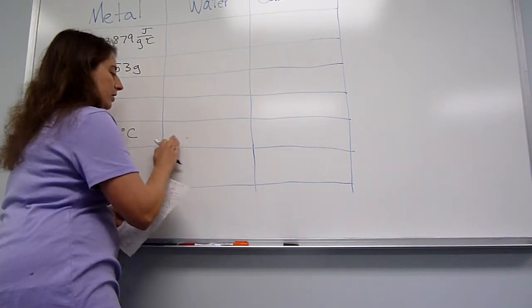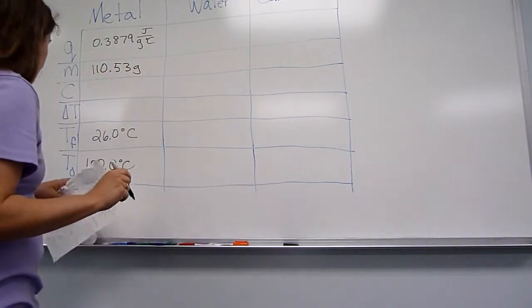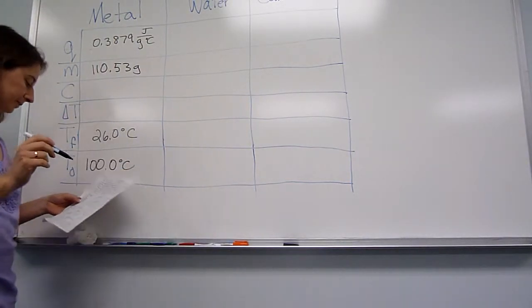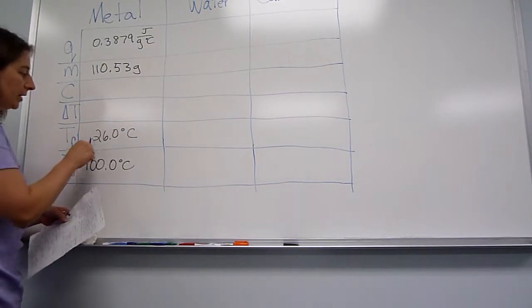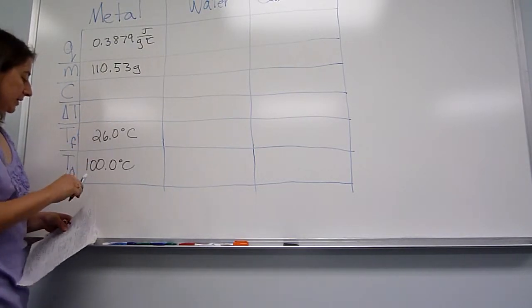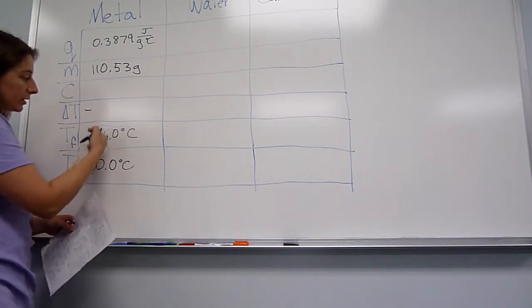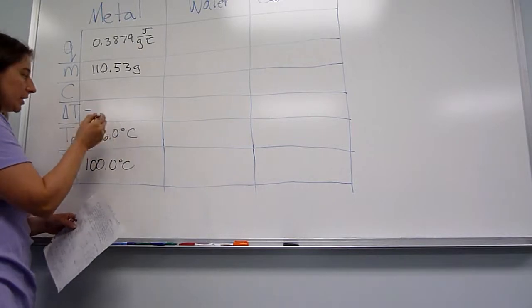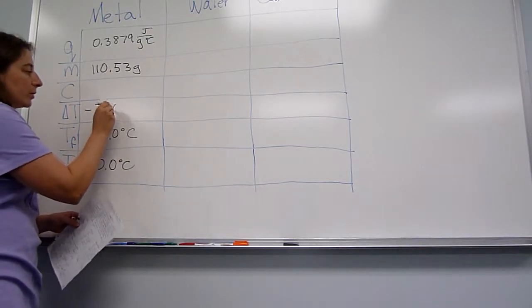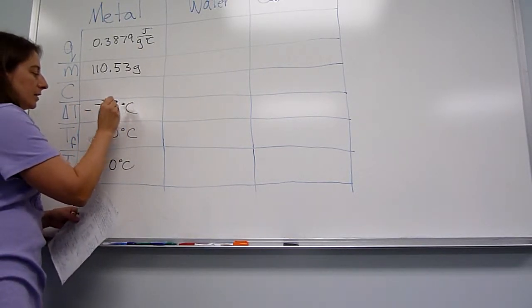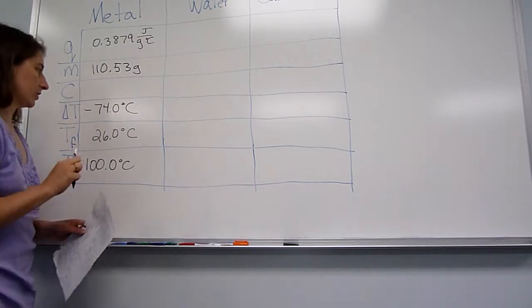Well, we'll change colors for all of these guys. So we can find our change in temperature, which will be temperature final minus temperature initial. Obviously, the metal is going to be losing temperature, so we're going to end up with a negative 74.0 degrees Celsius.